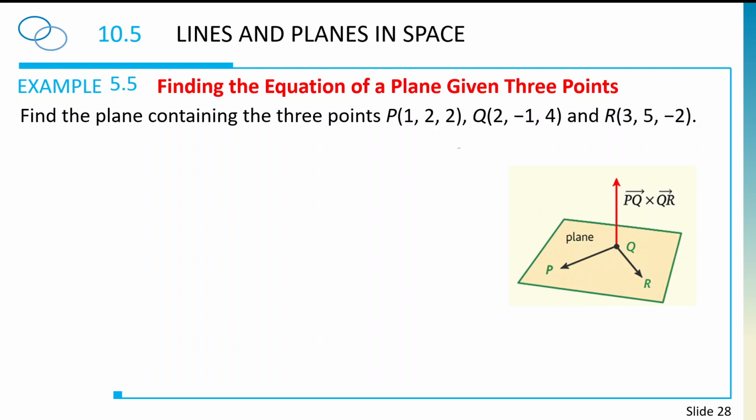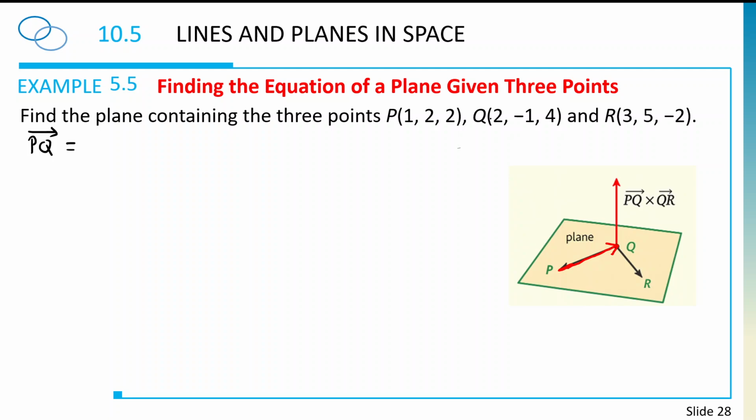See now, something like this. Again, I need to change the direction of the arrow. It's PQ. Now find the plane containing the 3 points P, Q, R. So what do I need to do in this case? I need to find what's PQ as a vector. Remember always, how do we do it?